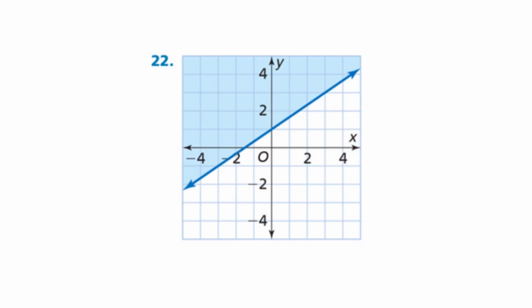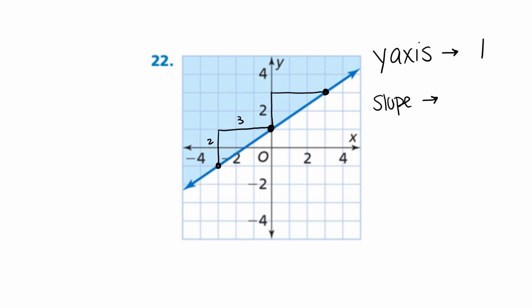For number 22, we want to reference that our starting point is on the y-axis at +1. Looking at the other points that we can read clearly, we can connect them by going up 2 and then sideways 3. And so our slope value would be up 2 and sideways 3 for an answer of 2/3.